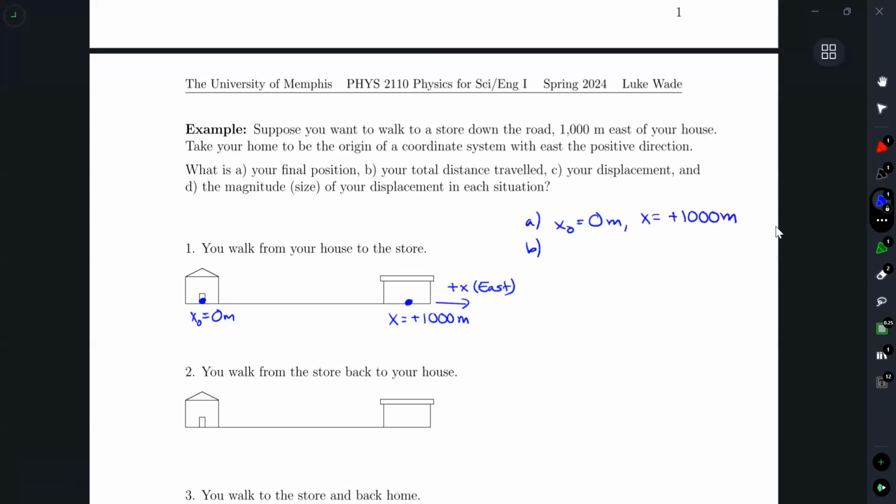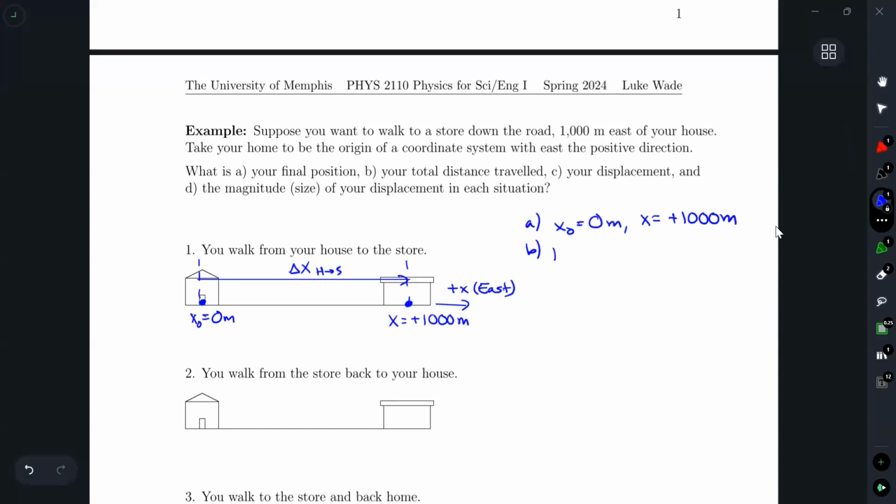How far did I travel? So I went from here to there. Call that a displacement from my house to the store. How far did I go? 1,000 meters in the positive direction. So this, you're going to hate me.